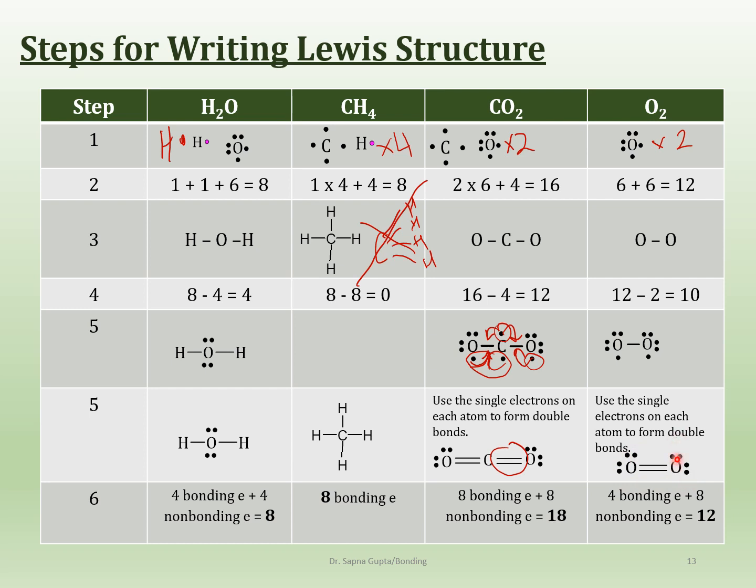Well, you just cover one of the oxygens and count all the electrons on the left side of the oxygen. Then you cover the left one and you count on the right side. So just count all the pairs. So 1, 2, 3, 4 times 2, 8 electrons. So this is a stepwise method and you can do this. It's a little bit long, but you can still do this to follow, writing good Lewis structures.